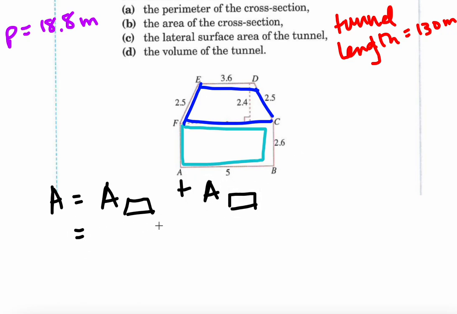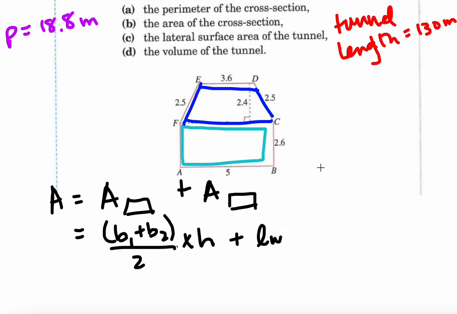But like I said, we're first going to calculate the area of our trapezoid, and that's going to be B1 plus B2, both my bases added together, divided by 2, times the height, little h, of our trapezoid. Then we're going to add it to our area of the rectangle, which is just length times width. Okay? So two different formulas going on.